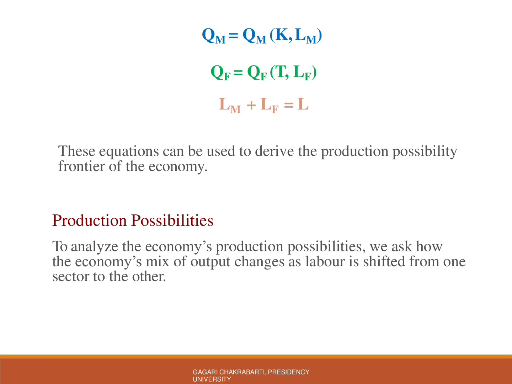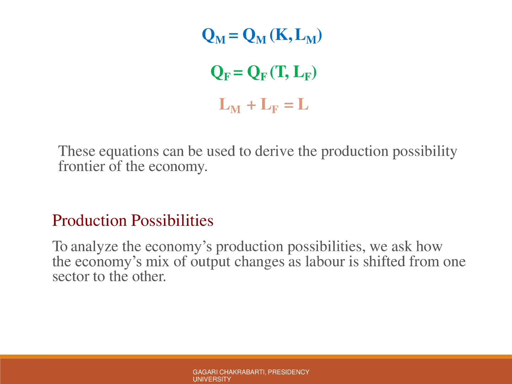Now, when we draw the production possibility frontier for the specific factor model, we analyze the economy's production possibilities by asking a simple question, that is, how the economy's mix of output will change as labor is shifted from one sector to another. So we start from the variable factor, and later on we shall be using the specific factors as well.